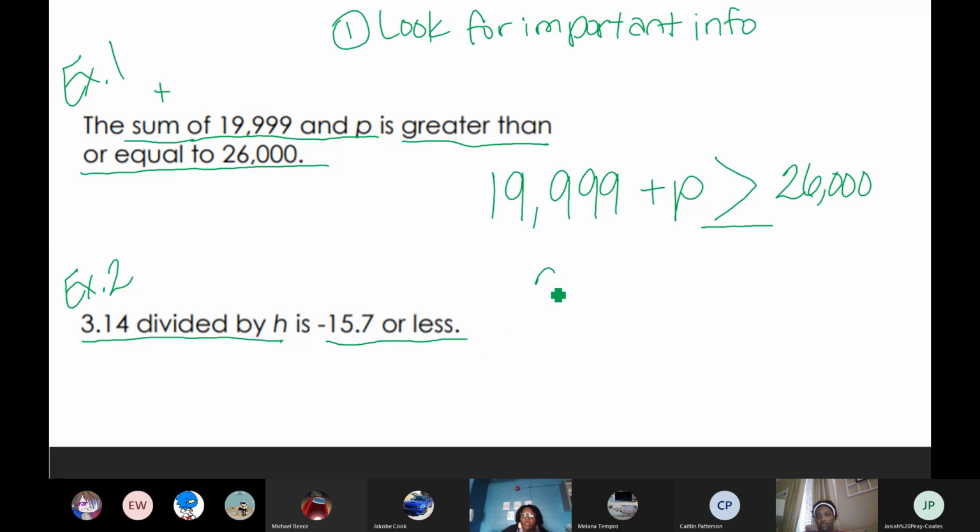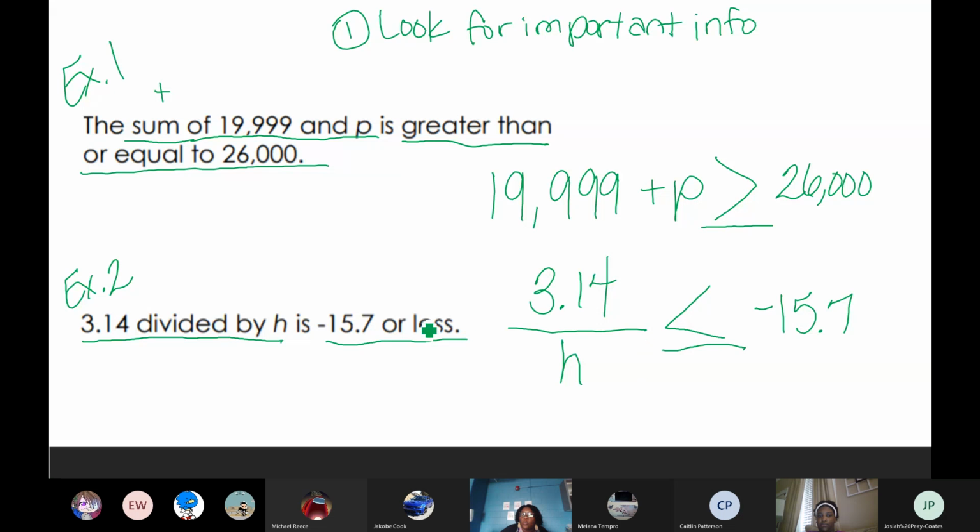Let's do our first part. 3.14 divided by h is less than, that's where it is, less than or equal to negative 7.